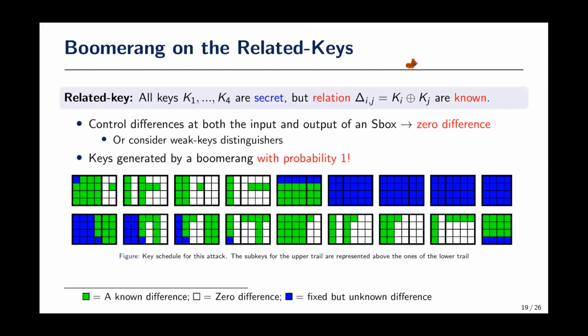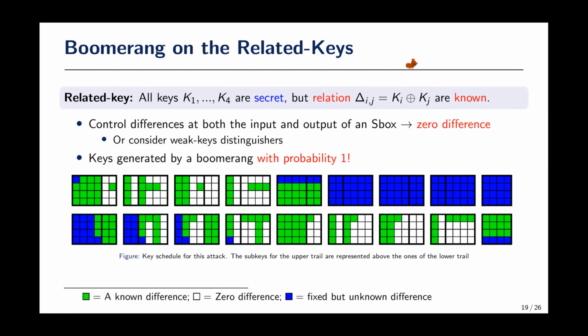And actually, we cannot control the difference on the key, because if we force the difference for both the input and the output of an S-box, then we will reject possible values, and we would be looking at a weak-key attack, and we don't want that. We don't want a weak-key attack. So we need a key generated by a boomerang with probability 1, and for our attack, we use a related key with different differences.